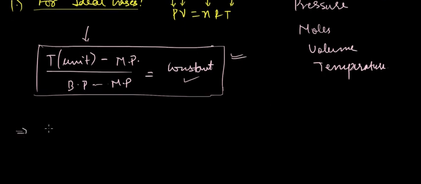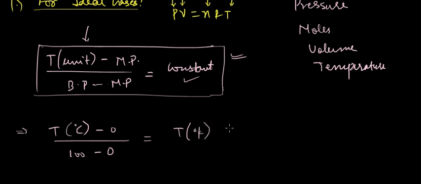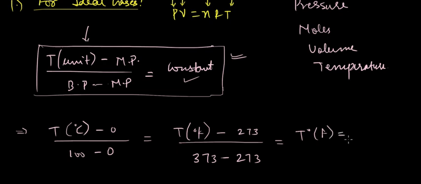Using the same formula, let's say we have a temperature in degrees Celsius. The melting point of water is 0 degrees Celsius and the boiling point is 100 degrees Celsius. This should equal temperature in Kelvin minus the melting point of water in Kelvin, which is 273, divided by 373 minus 273. In Fahrenheit, the melting point of water is 32 and the boiling point is 212.